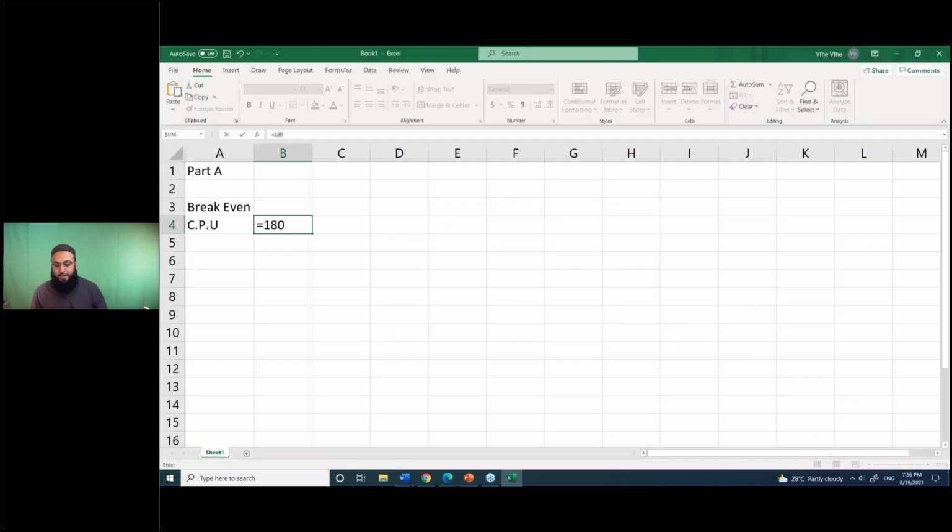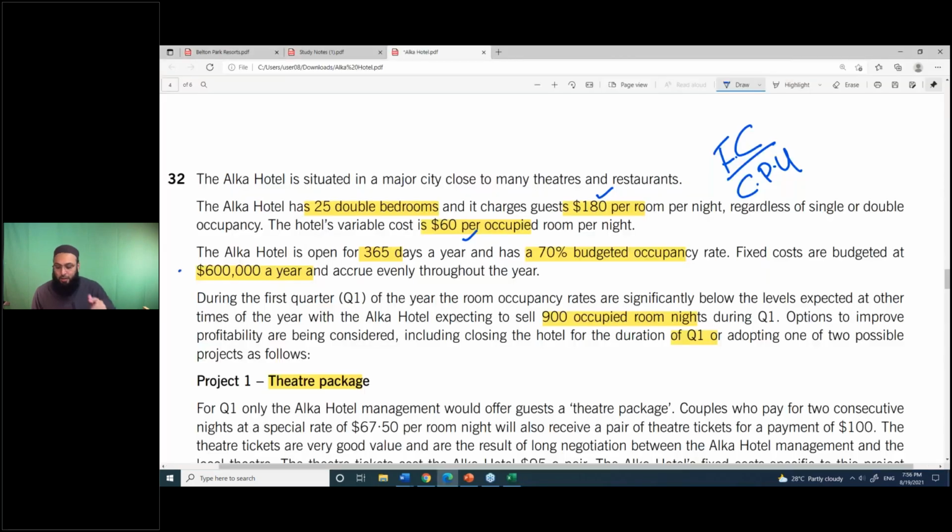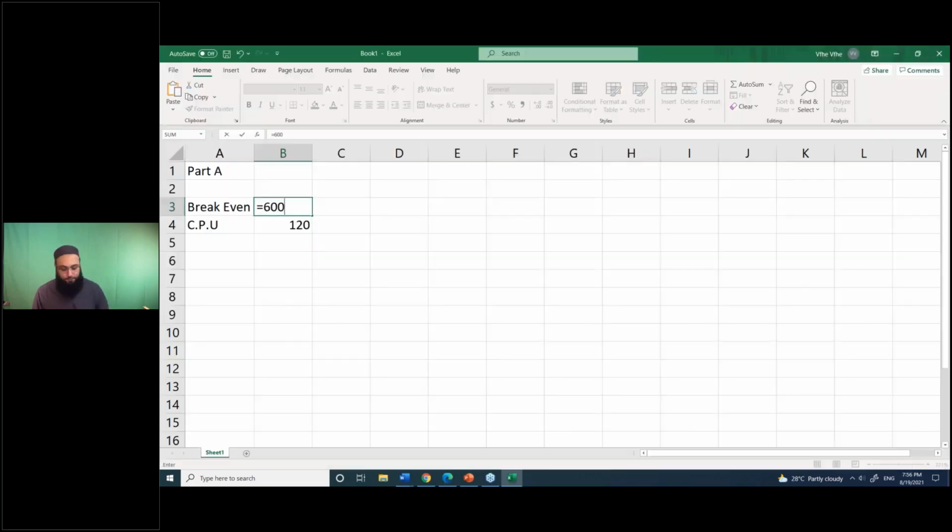So 80 minus 60 is the contribution per unit. Now you can get the break even answer, because fixed cost is what you need here. So it's 600,000 fixed cost divided by this contribution per unit, and you will get the answer of break even rooms, that is 5,000 rooms.